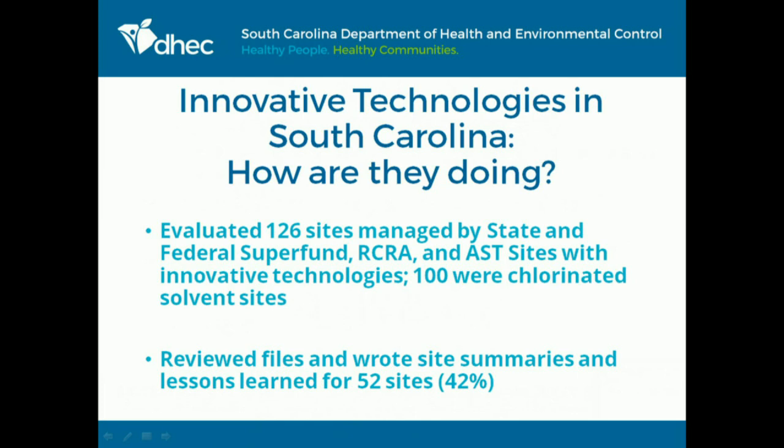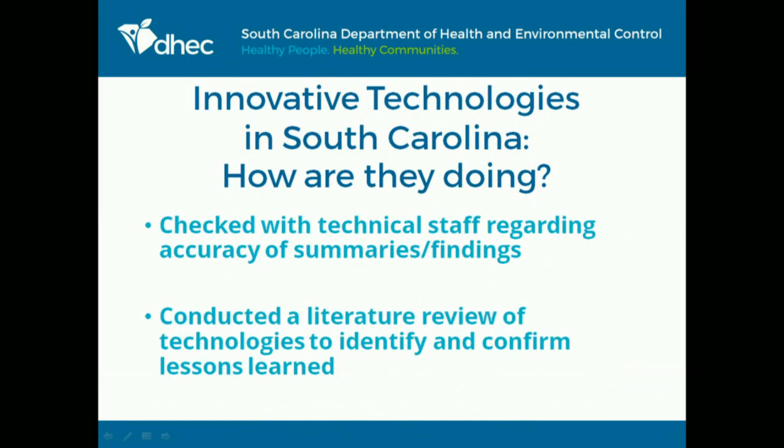So after I did my file review, I talked with the technical staff. If there was somebody that was a project manager on the site, I talked with them to confirm if my observations were correct. And I found that there were a number of lessons learned, but I didn't see that they were being shared from one consulting firm to another, or from one person to another within a firm, or within our agency.